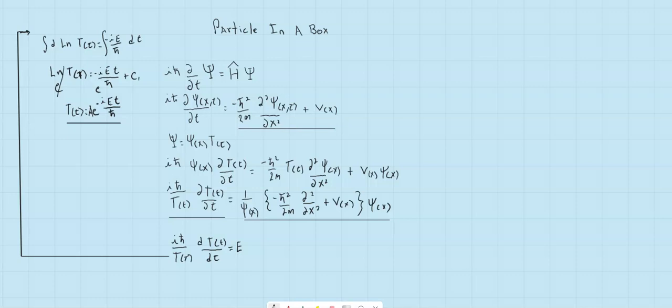Right away I know that this also has to be equal to a constant: 1 over psi of x times negative ħ² over 2m times the second derivative d² over dx², plus V of x, acting on psi of x.